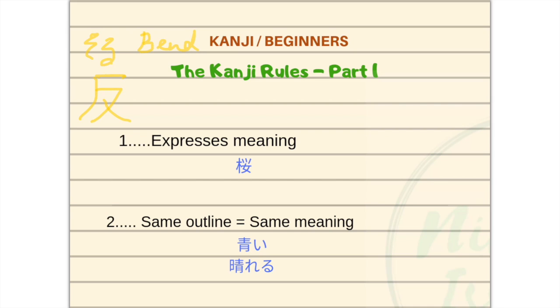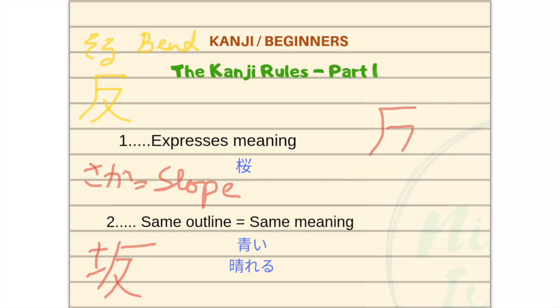And the second kanji that we have is saka, which means slope, and the kanji is represented by this. Now we have the common part of the kanji, that is this part, which is called soro or bend.